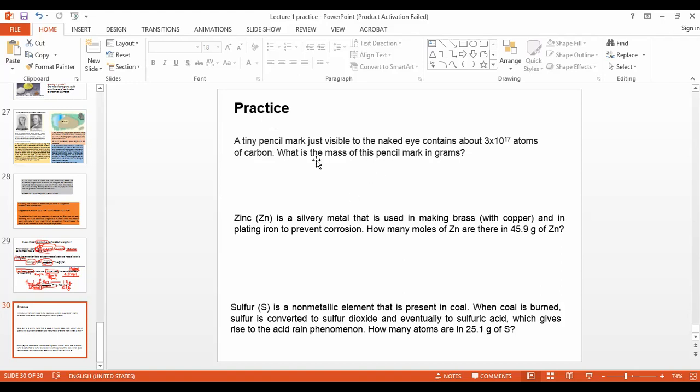It really helps you to have an idea about how to convert grams to moles, moles to grams, and so on. So I want you to practice all these three questions at home. Also, I told you that we will have some quizzes, and in the quizzes we will have something similar.